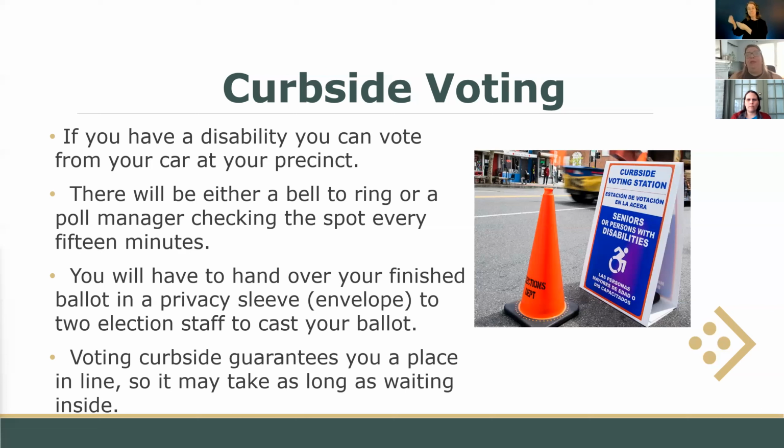Then part B of the machine is the part where you feed your ballot in, you review your choices, and you actually cast your ballot. Your paper ballot goes into a lockbox, and that's all contained in part B. The precincts don't have as many part Bs, and those machines are not as mobile as the part A of the machine. So in order to vote curbside, you're going to put your ballot in an envelope.